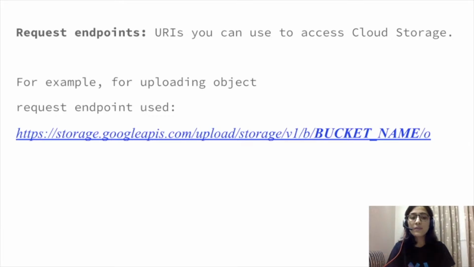For example, if you look at the slide, the request endpoint for uploading an object to a GCS bucket looks something like this, which specifies where exactly the object would be uploaded. So if you're uploading an object to a bucket, you'd need the URL of where exactly that object would go.